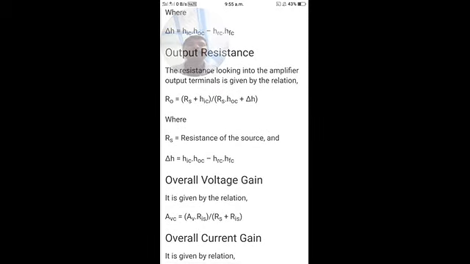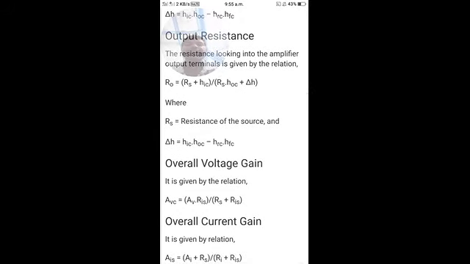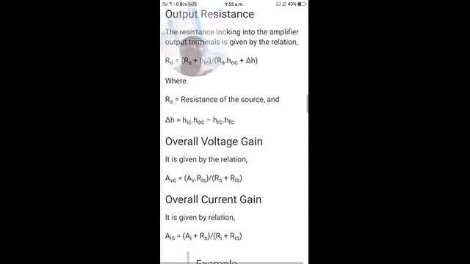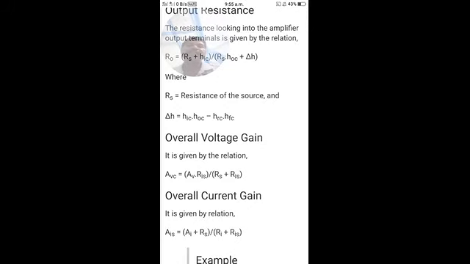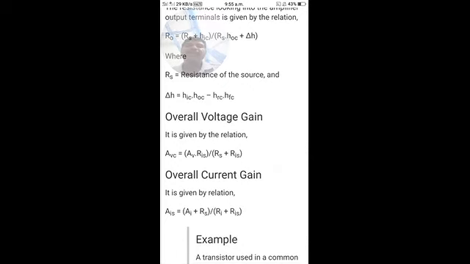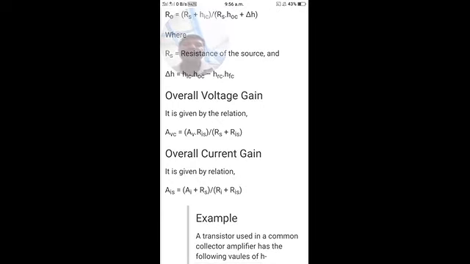Overall voltage gain is given by AV dash or AVS, AV into RI dash divided by RI dash plus RS. Overall current gain is given by AI dash, AI into RS by RS plus RI dash.